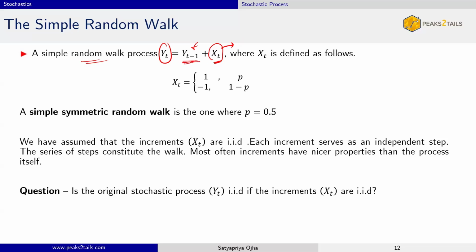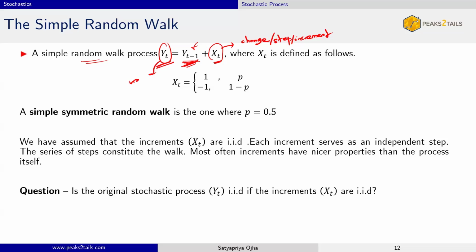Whatever was the previous value of Y, you add something onto that. That is how it evolves. This X_t is the change, or you can say step, one step, either plus 1 or minus 1, or you can say increment. And that keeps moving the Y. So new Y is old Y plus the step.